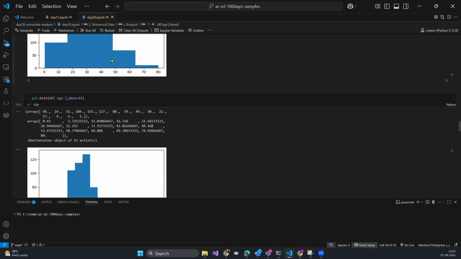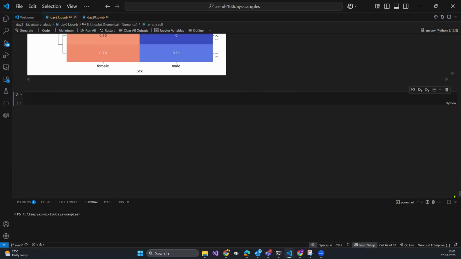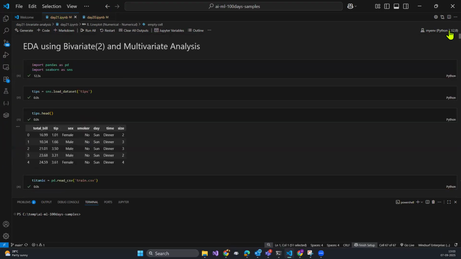Next, for exploratory data analysis, we should be doing bivariate or multivariate analysis, right? In this analysis, we will be considering more than one column, and we will find the correlation and how those two are correlated and impacting each other.